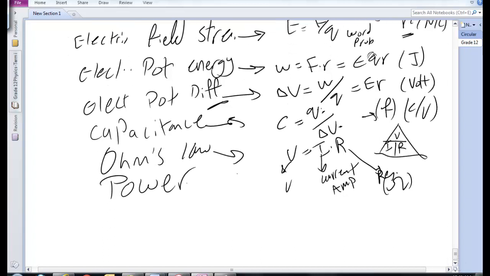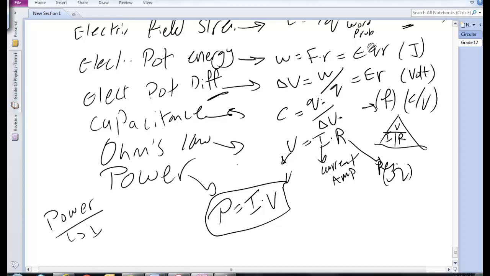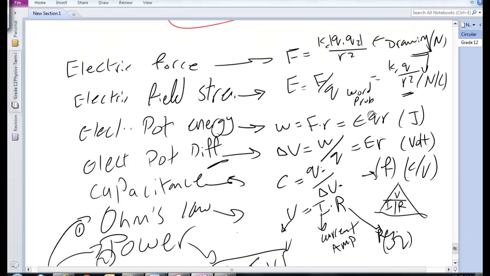Finally, the power is measured or calculated by I times V. Sometimes I need the power, and the givens will be the I and the R, and there is no V. So you need to get the V first by using Ohm's law, and then you'll use the law of the power at the end. So these are all of the laws that you need.